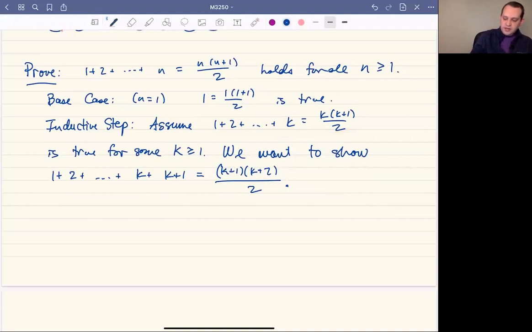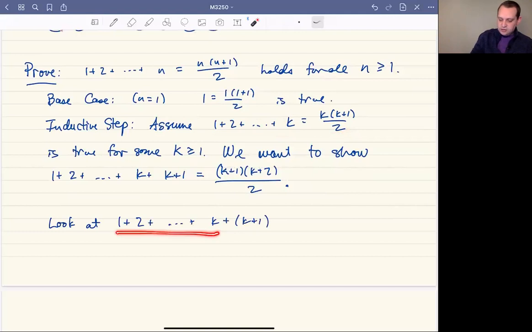So what this means is, let's look at this last sum, 1 plus 2 plus all the way up to k plus 1. And I want you to notice that in that sum is actually the sum of the first k integers, which is something that we're assuming has a nice formula.